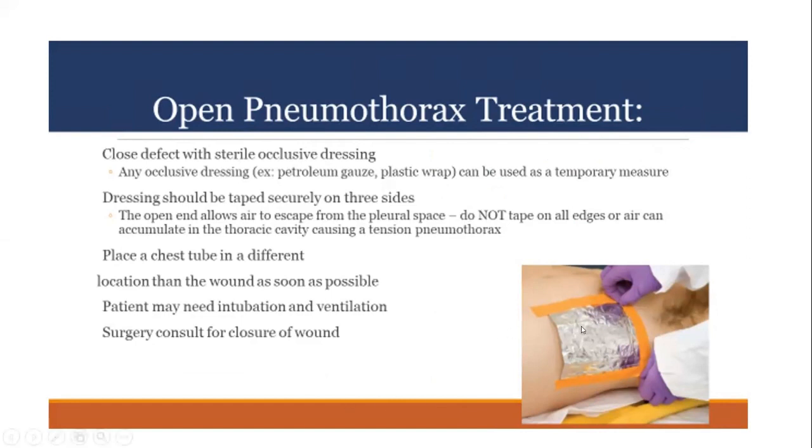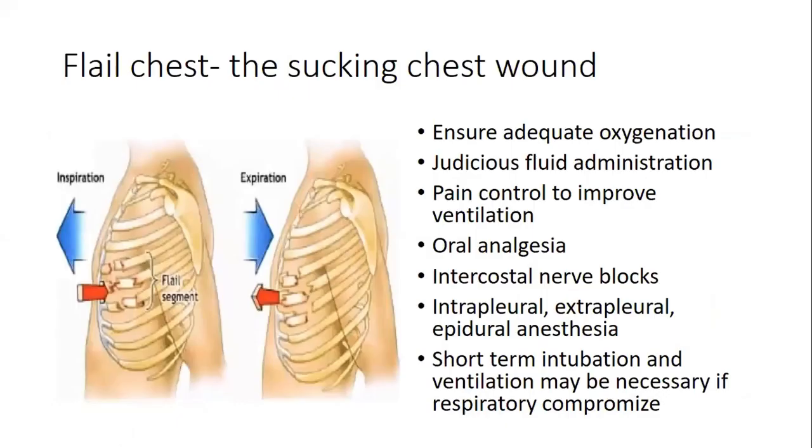Air cannot escape into the chest, and when we expire, air can escape. So we place this film with 3 edges occluded to allow for that process to happen when we have an open pneumothorax.